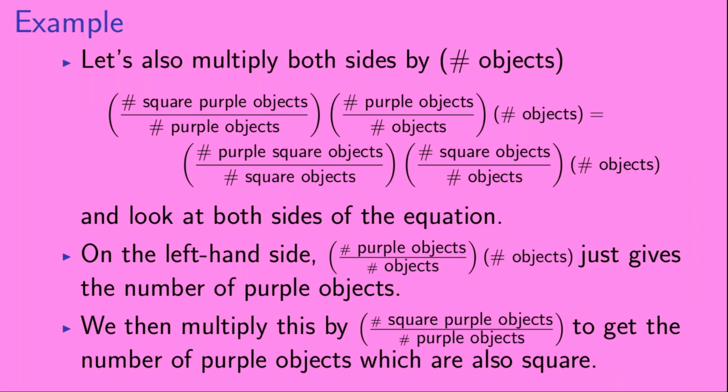Okay, so on the left-hand side, we have the two factors, the number of purple objects over the number of objects times the number of objects. This just gives the number of purple objects. We then multiply this by the number of square purple objects over the number of purple objects to get the number of purple objects which are also square.